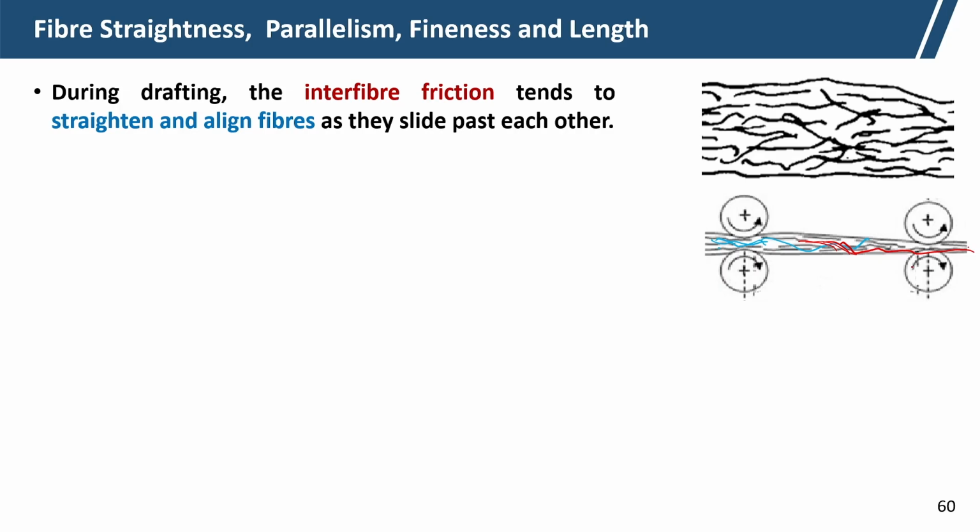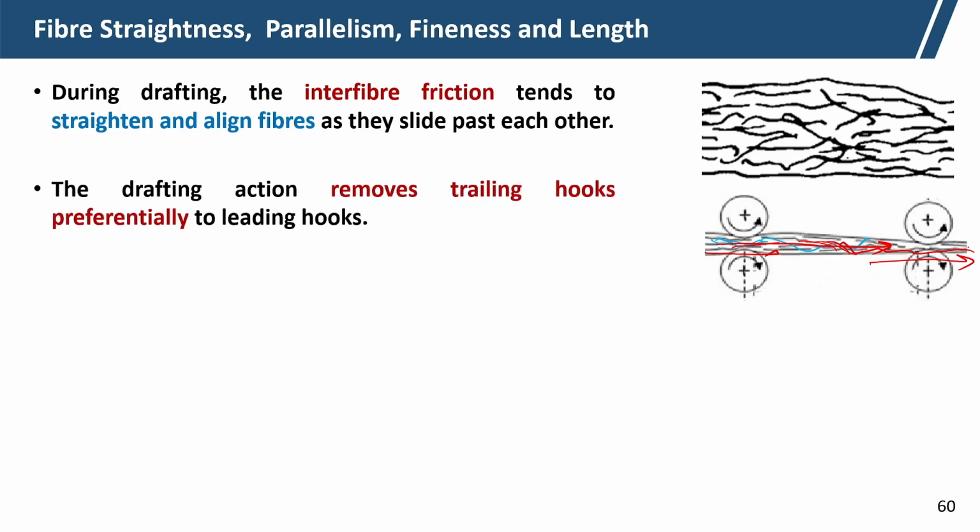Now, as this red fiber is moving at higher speed than the blue fibers, due to their interaction, interfiber friction, they will try to be straight and aligned towards the axis due to this sliding force and interfiber friction. So, the drafting action removes the trailing hooks preferably to the leading hook. So, the trailing hooks will be removed by the drafting force.